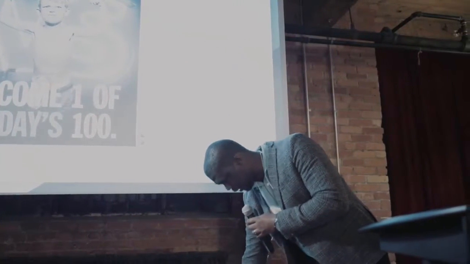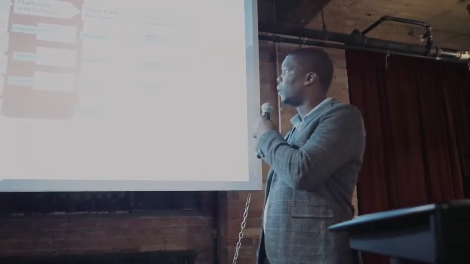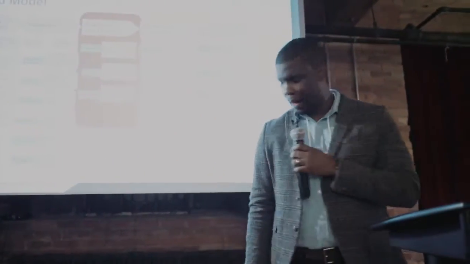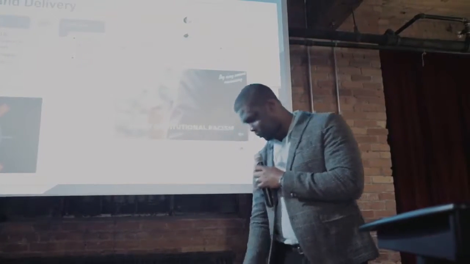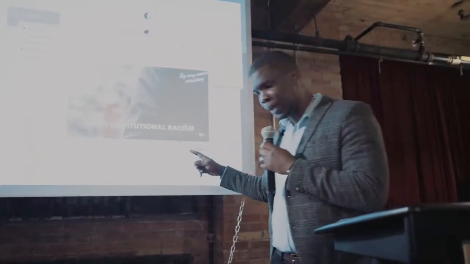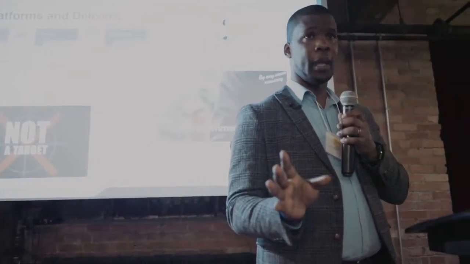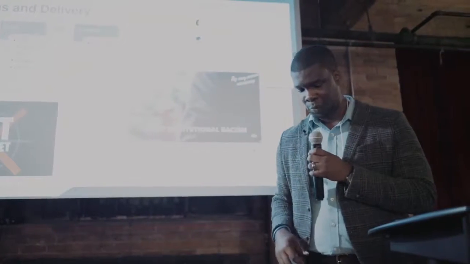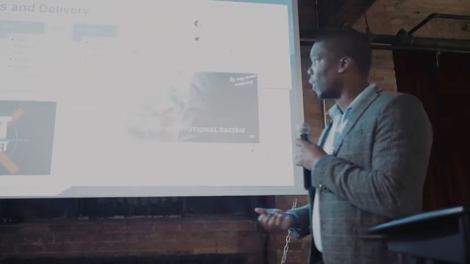Now, the third pillar focused a lot on the platforms and the deliveries. And what I mean by that is the three campaigns were analyzed across three platforms: Facebook, Instagram, and Twitter. Now, all three campaigns utilize YouTube as well, but I did not focus my analysis on YouTube.